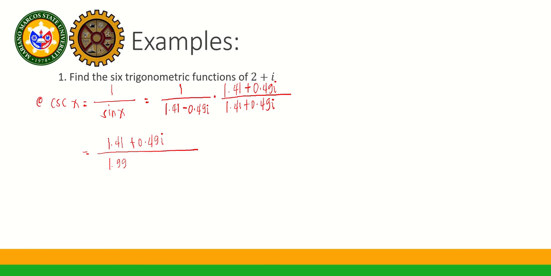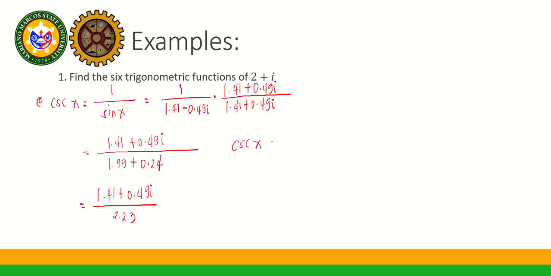So, all in all, that is equal to 0.24. And then, of course, that is positive, kasi negative times yung negative 1. So, that is positive 0.24. And now, we simplify further. This is 1.41 plus 0.49i all over 1.99 plus 0.24 is 2.23.